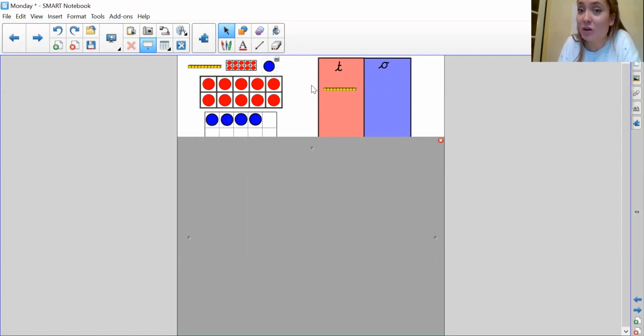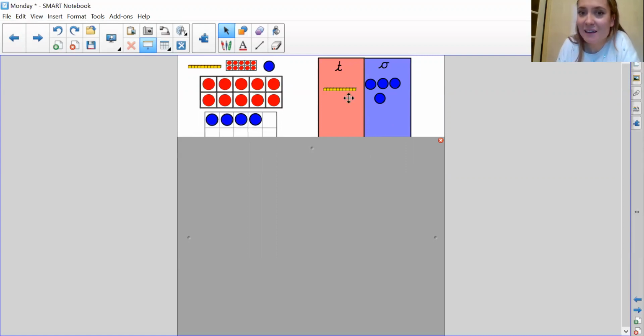That also shows me I've got 10. Now, how many ones have I got? I've got my 10s here, and my ones I'm going to put over here. Shall we count them? 1, 2, 3, 4. That's right, I've got 4 ones, so I'm going to move them. Count with me. 1, 2, 3, 4.